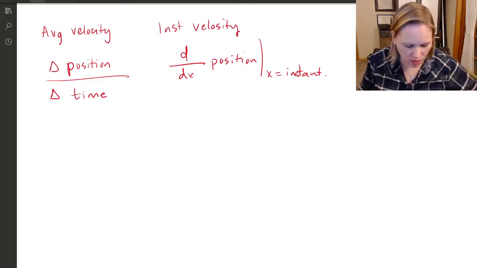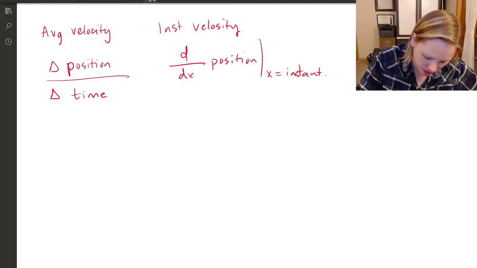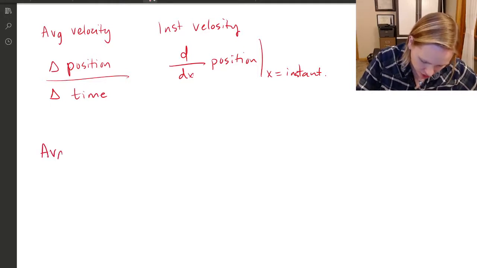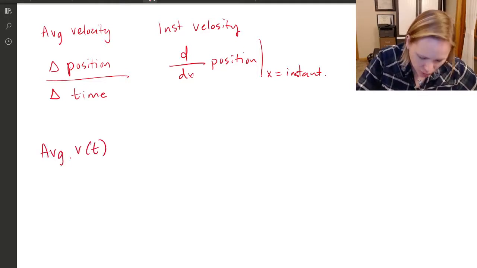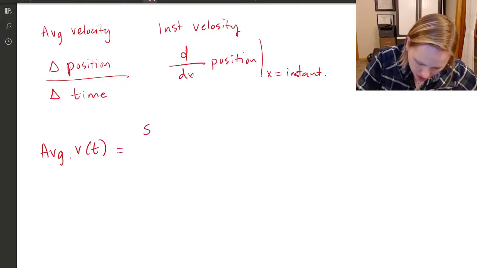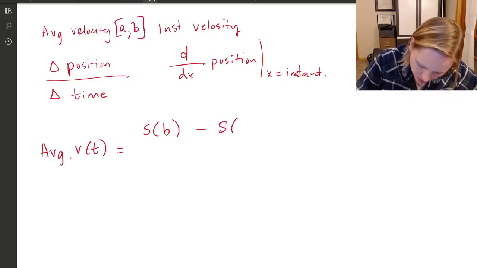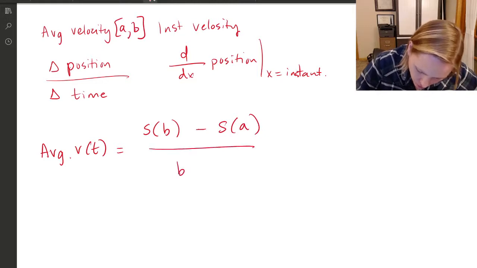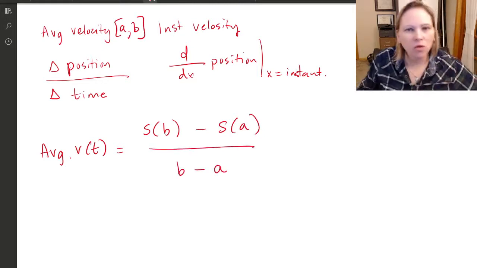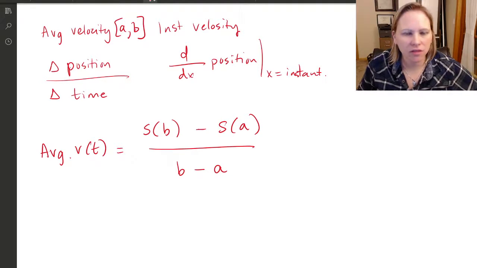But today, what I want to focus on is this average velocity. So to find the average of v of t, we find our change in position. Well, that's s, and let's continue with our b and our a. So this is our interval a to b, over b minus a. Well, we've been learning about this thing called an integral.